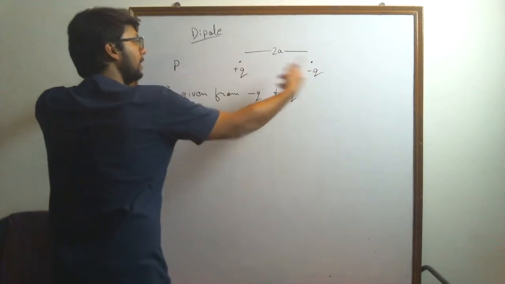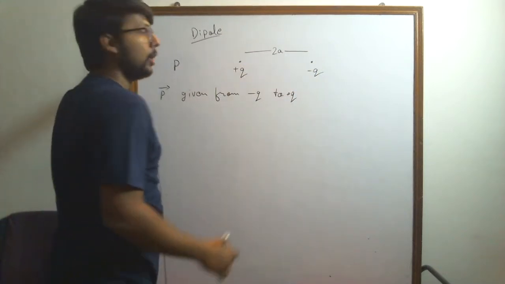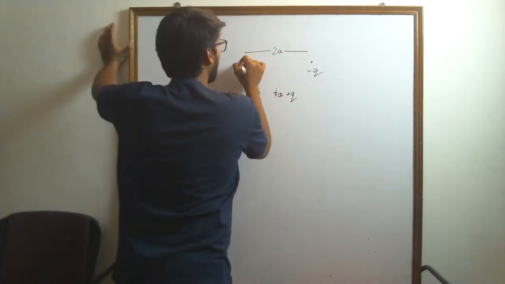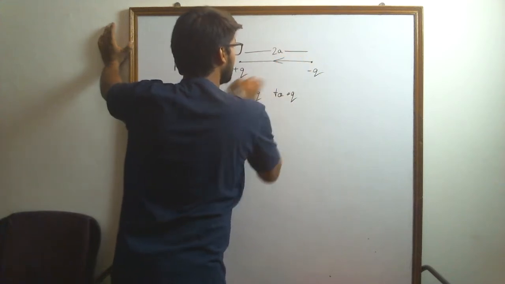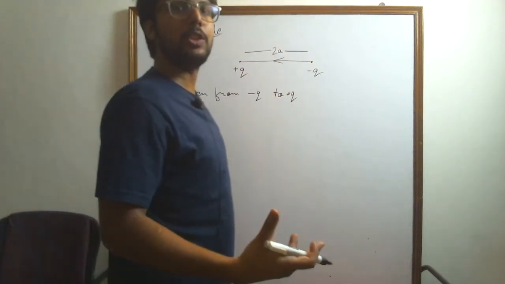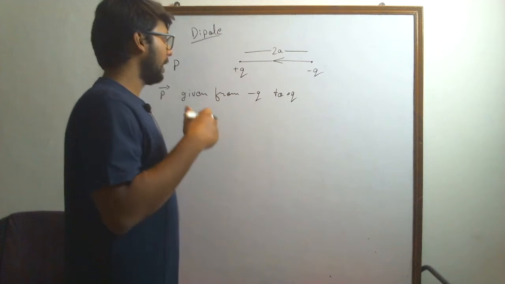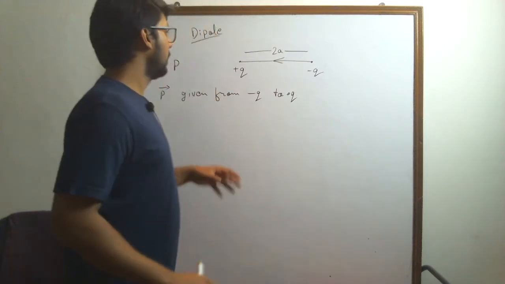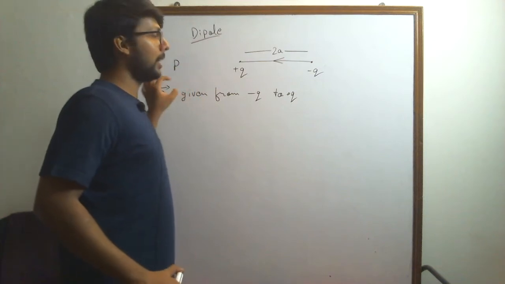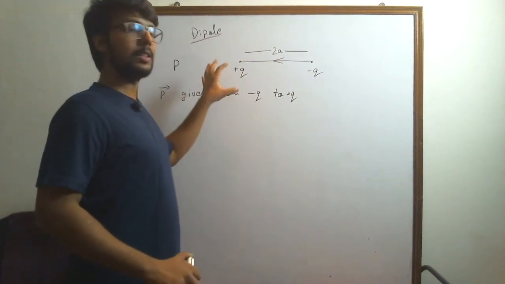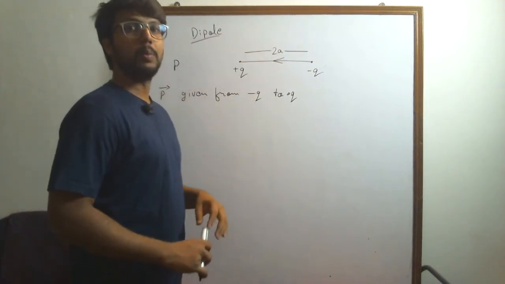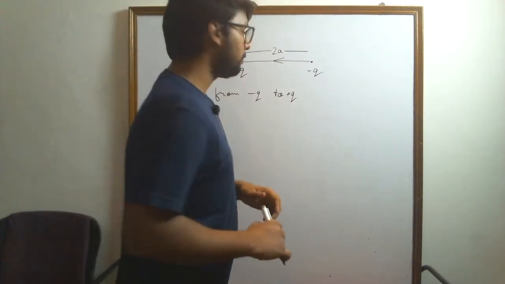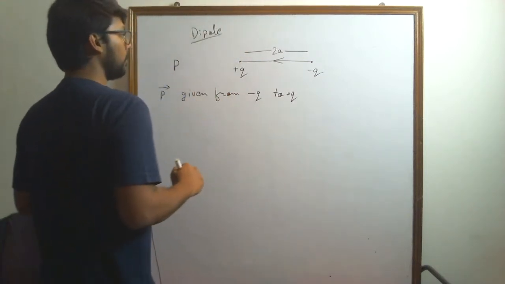That means this will be the direction of this dipole that I have made, right? Now this is the convention that we are using. That means these are the set of rules that we have defined as the scientist community, that this is what we'll call a dipole and this is how the direction of a dipole will be decided, right? So that is very important to understand.